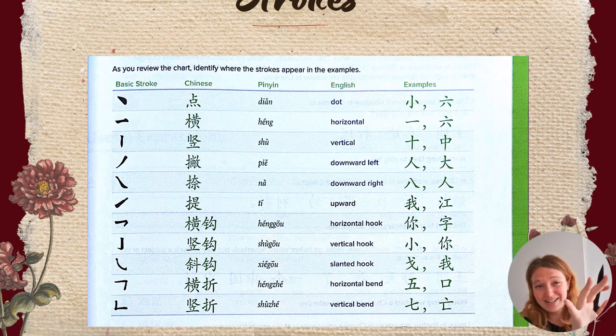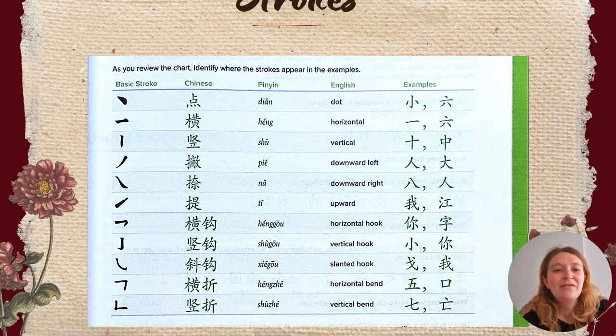When I was a student, I didn't learn them, and it didn't really make a difference until I was trying to write some things on the board for my students in China, and I realized I type a lot in Chinese, so I didn't remember exactly how to write the character, and my students were trying to help me by telling me the name of the next stroke, and I didn't know the name of the strokes. So this one is a bit important, but not important enough to stress over, if that makes sense.